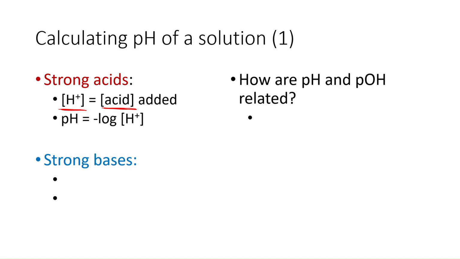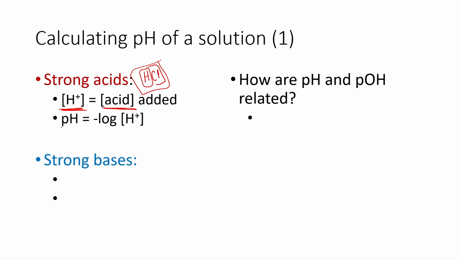For example, with a strong acid like hydrochloric acid, all of the protons will dissociate from the chloride ions, so the concentration of hydrochloric acid that you added is equivalent to the free protons that will dissociate when the acid ionizes.